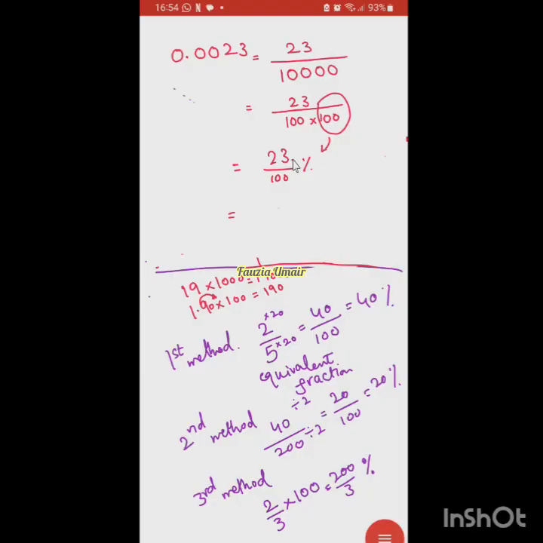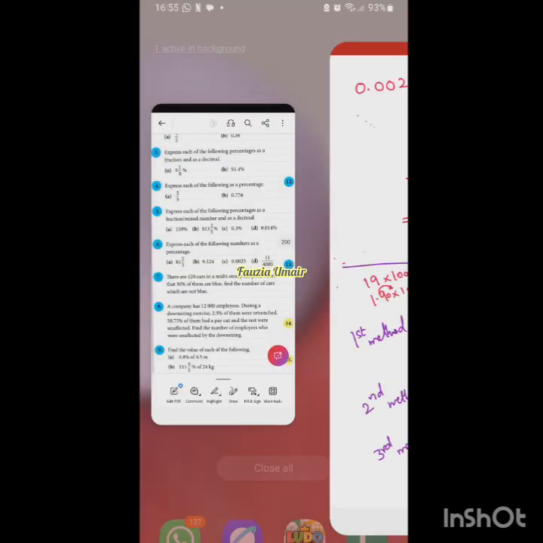Here is the decimal. Take the decimal two steps backward. So what would be the answer? 0.23%, right? Is it making sense? Yes. All right.